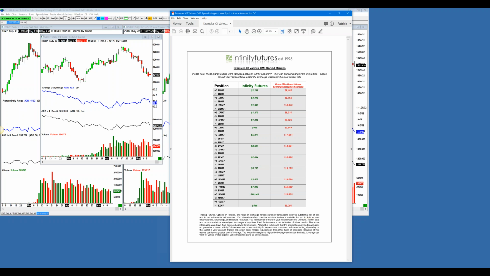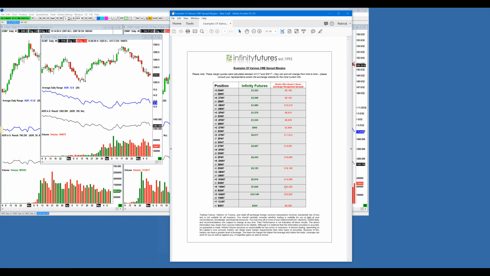If you're trading, this is a really popular one, the ultra bond against the regular bond. There's a $1,980 exchange minimum margin, but if you treat those as two separate legs, it's 10 grand. Look at this one down here, the Dow against the S&P. If you want to be long 6 Dow and short 5 E-minis, $7,800 margin requirement.